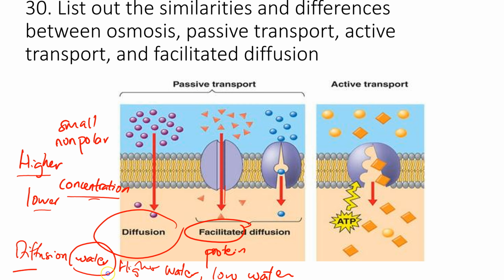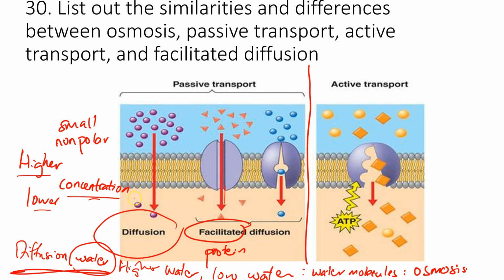So the diffusion of water is basically the movement of water molecules. Another term for that is osmosis. And remember, all these things do not use energy because they all move from a higher concentration to a lower concentration, so they don't use energy.